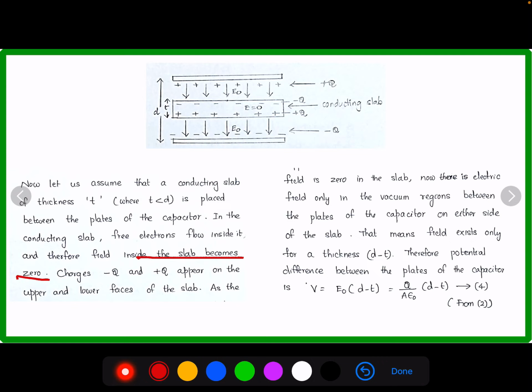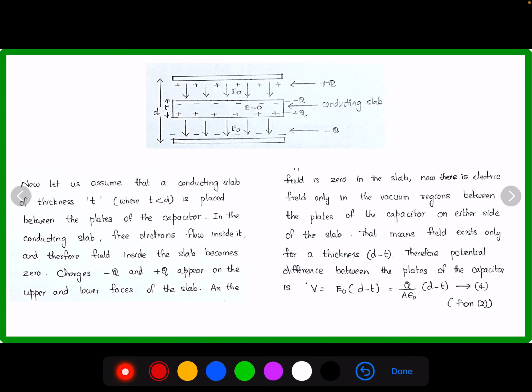Then it develops a charge minus Q on the upper side and plus Q on the lower side of the slab. Therefore, as the field inside the slab is 0, there is electric field only outside, no electric field inside the slab.